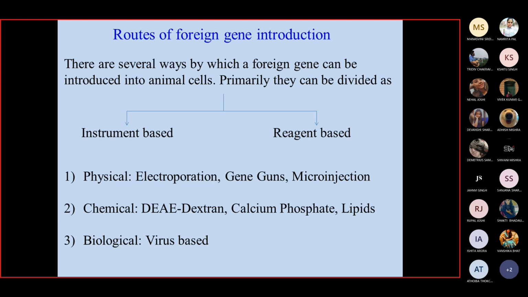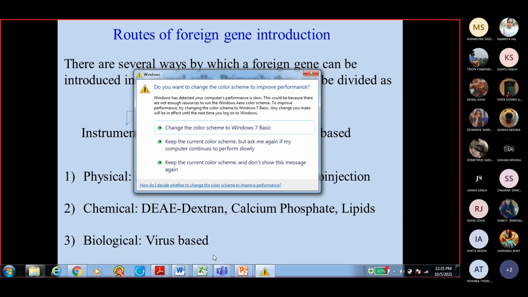For example, there's a thing called DEAE dextran, which has the ability to bind to DNA. You make a complex of DEAE dextran and your DNA, and when you incubate with mammalian cells, they take it up. Inside the cell, DEAE dextran and DNA come apart, and the DNA can be propagated naturally.